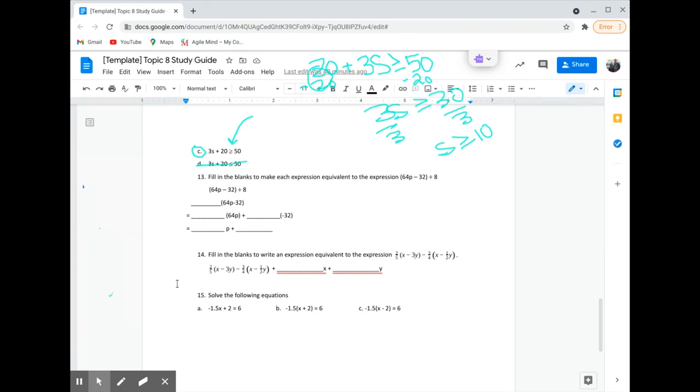So what could I do so that I can multiply? Like, what can I multiply that would be the same as dividing by 8? I want you to think of fractions.